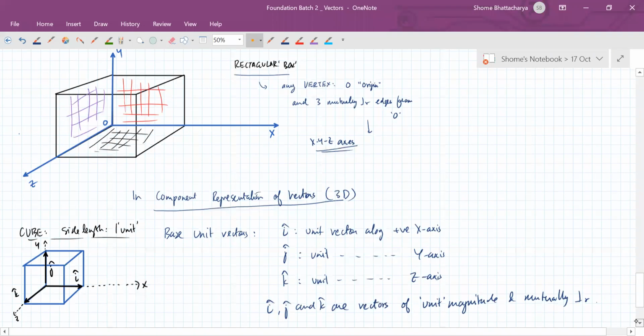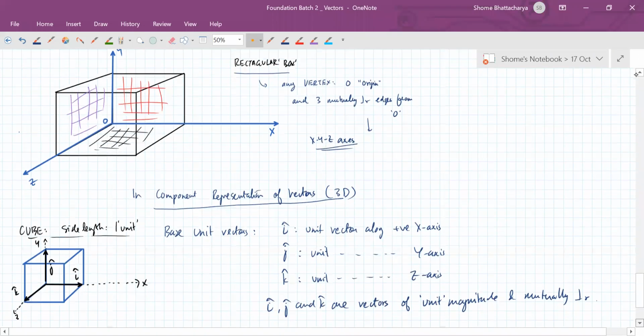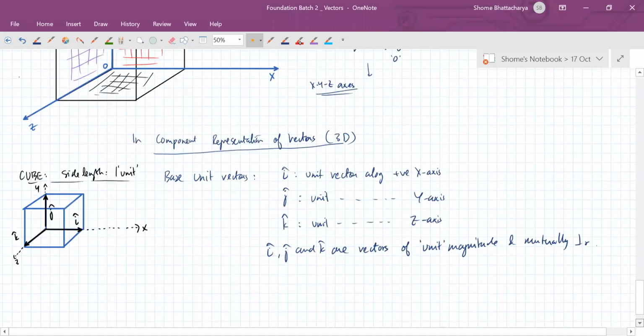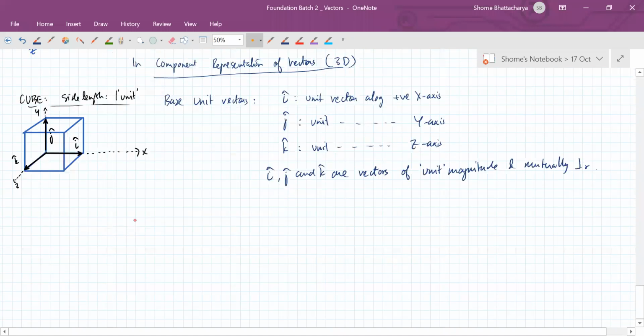So now in component representation, any given vector in component form will be written as the sum of three components Ax i cap, Ay j cap and Az k cap.